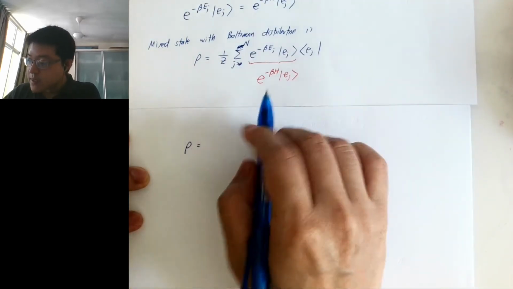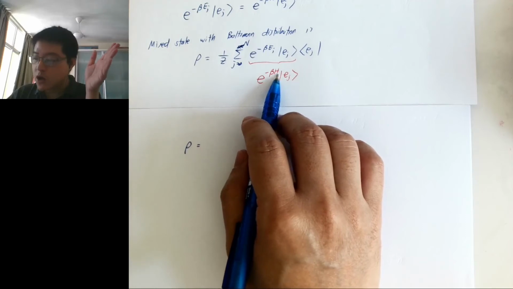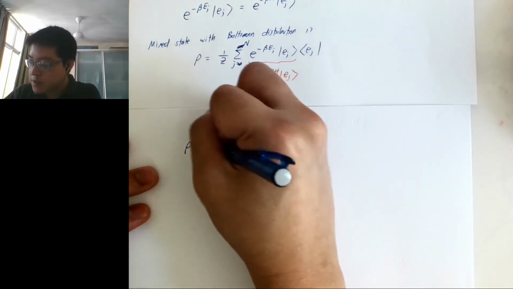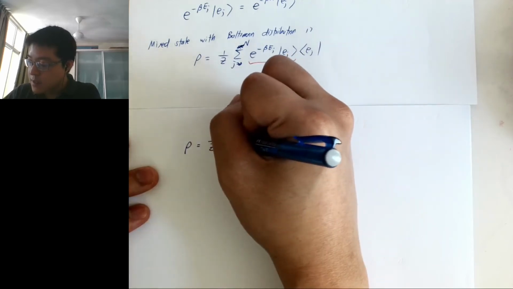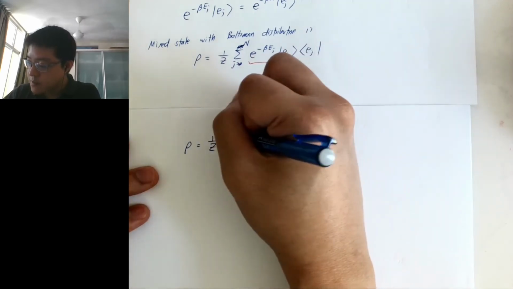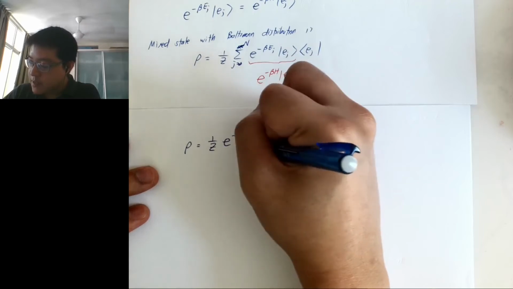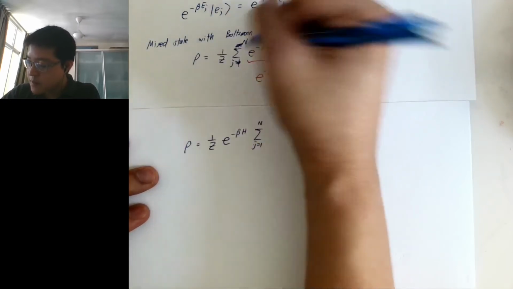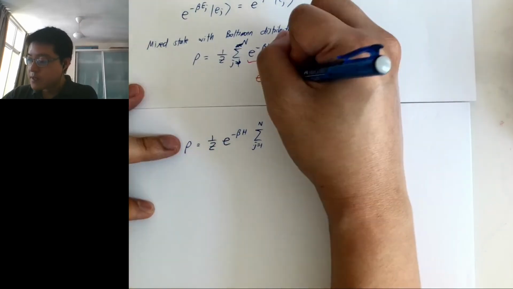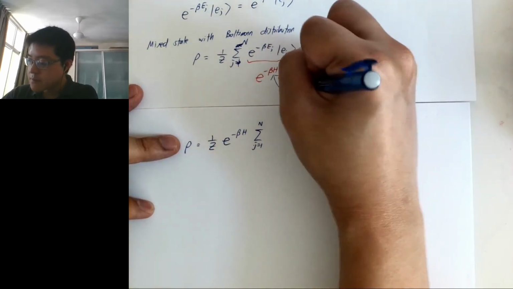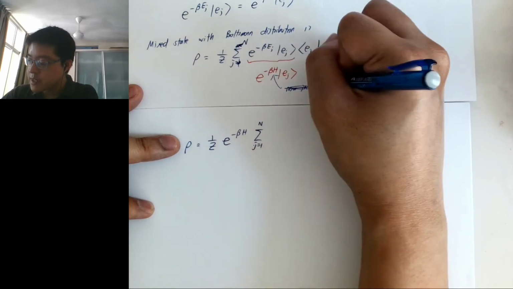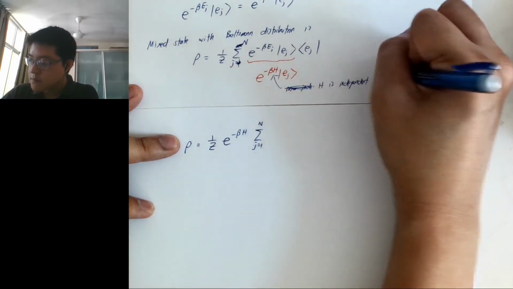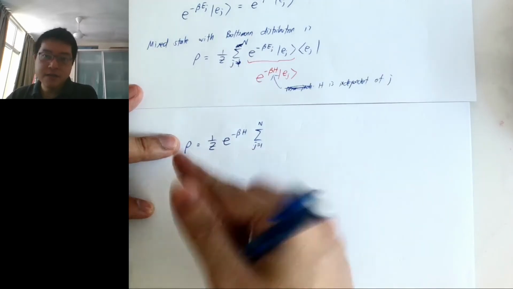Now I change this back into the operator form. So this is independent of the operator. What I got is 1 over Z, e to the negative beta H. I can take this out because H is independent of j, so I can take it out of the summation.